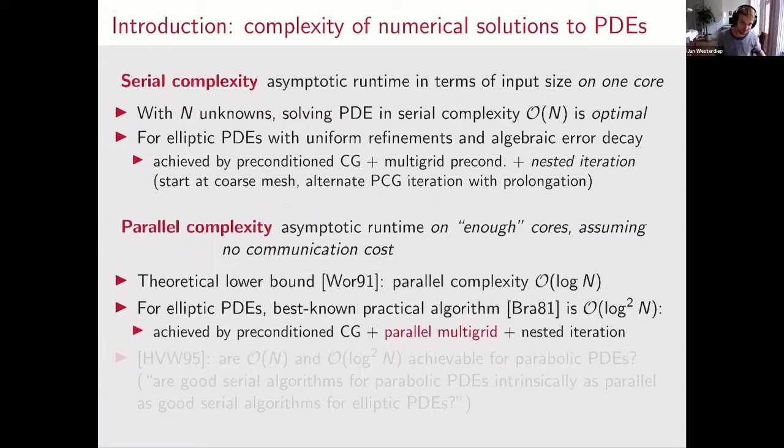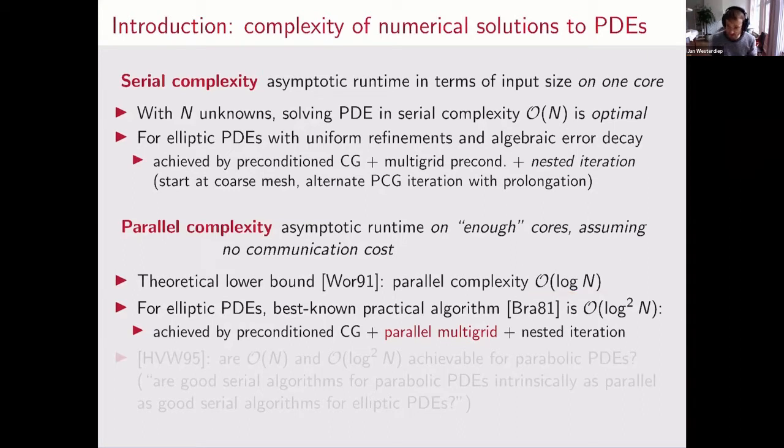So now, a little bit more for an idea. We define the parallel complexity of an algorithm as its asymptotic runtime given enough cores and assuming that there is no communication cost. So essentially you have this infinite-sized multi-core processor and they all share some infinite-size memory. Within this ideal situation, in 1991 Worley showed the theoretical lower bound of order log n.